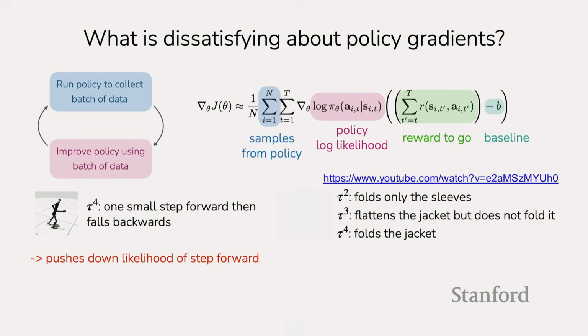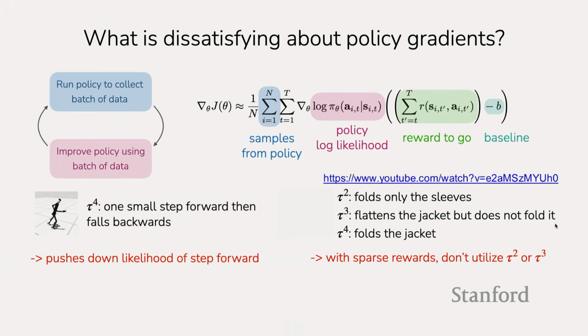And likewise, we talked about this example of trying to fold a jacket, and we found that if you have a sparse reward and you only do part of the task, like folding only the sleeves or flattening the jacket but not folding it, you aren't really utilizing the trajectories that are getting 0 reward.